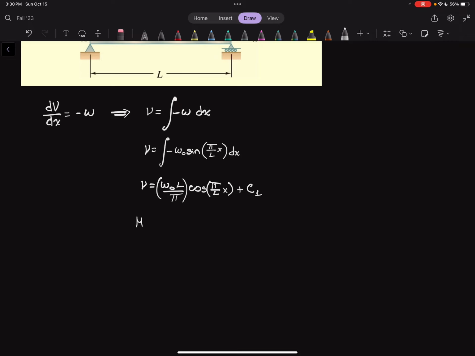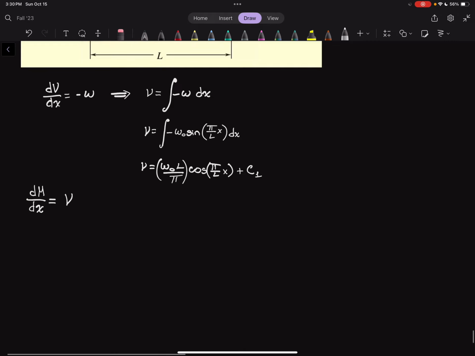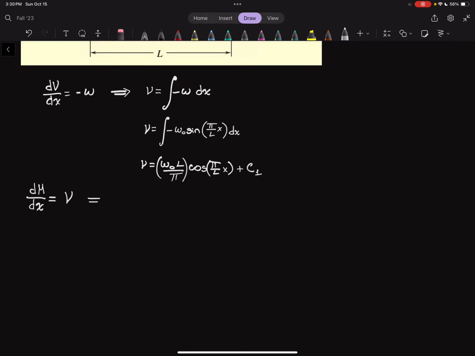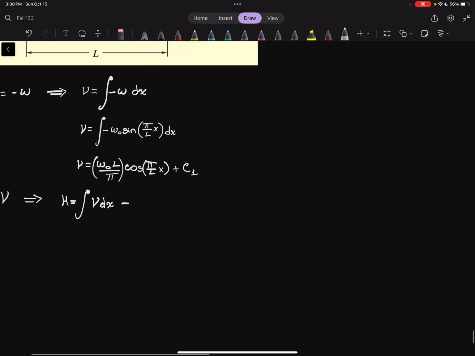Now for the moment, we know that the derivative of the moment with respect to x is equal to my shear function. So that also means that my moment is equal to the indefinite integral of the shear times dx. And we do have a function for the shear.